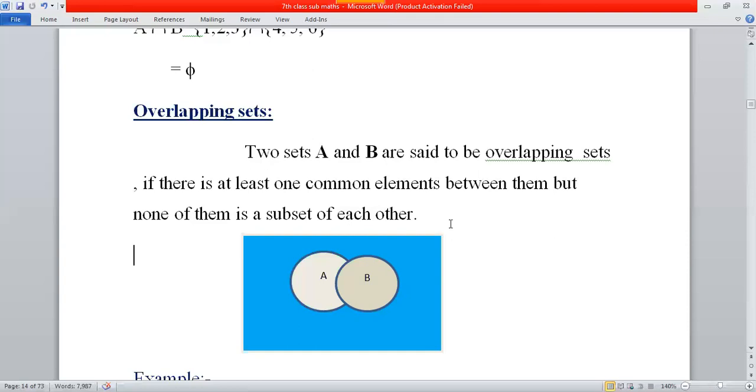So overlapping means that some elements of both sets are common to each other. Diagrammatically, we represent overlapping sets like this.